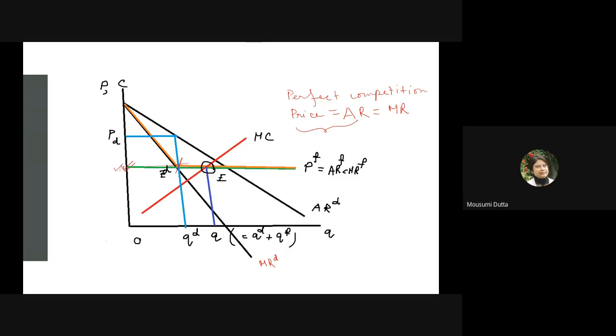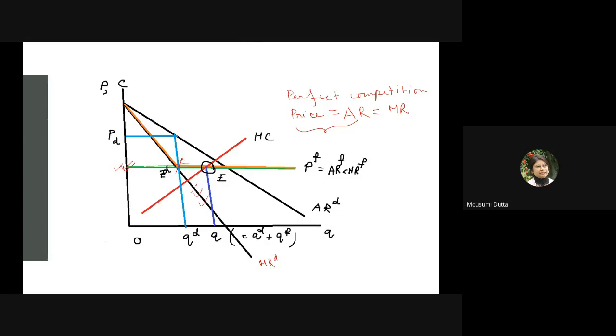After this, we have to add this MR with this MR. Now, what is the slope of MR at the green level? It is infinity. Therefore, if you add something with infinity, this is infinitely elastic. If you add any number with infinity, what will be the value? Infinity only.